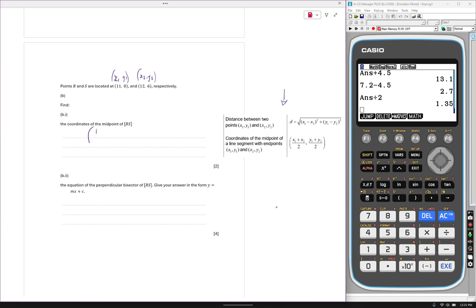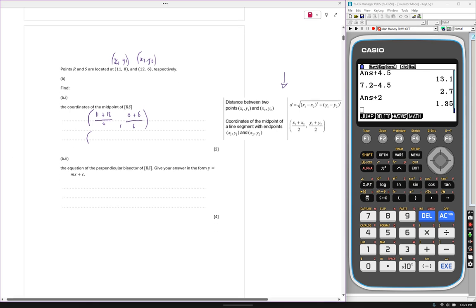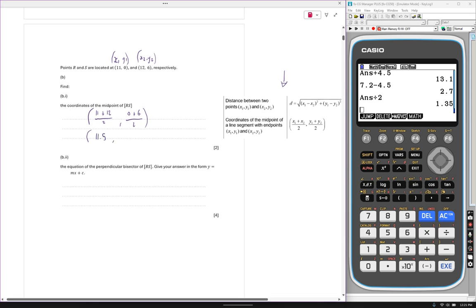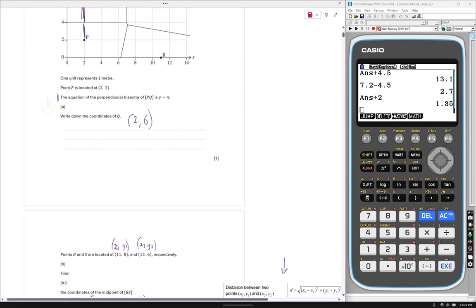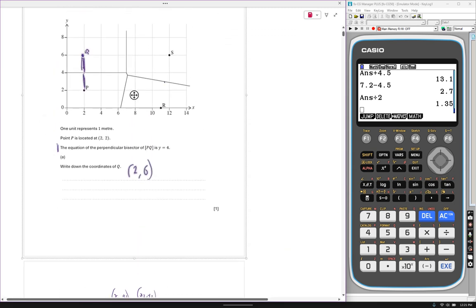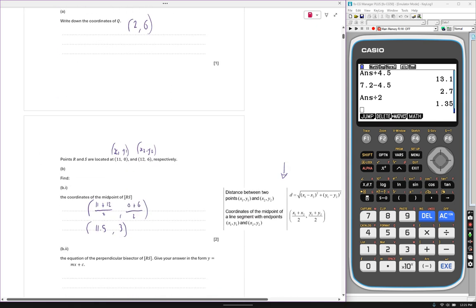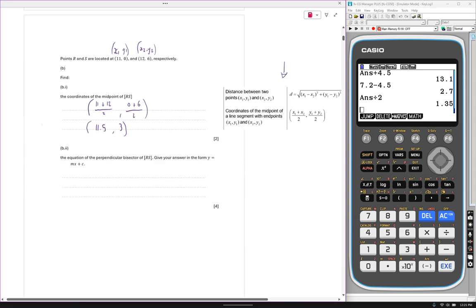So x1 is 11 plus x2 is 12, divided by 2. The y values, 0 plus 6 divided by 2. This simplifies down to 11 plus 12 is 23, 23 divided by 2 is 11.5, and then 6 divided by 2 is 3. So the midpoint of R and S is at the coordinate (11.5, 3).